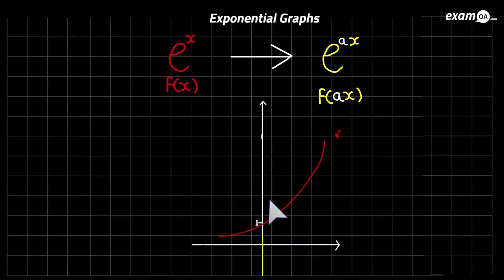Let's look at our last one, f(ax). Now this one stretches it in the x-axis. If a is more than 1, it squashes it up. If a is between 0 and 1, basically a fraction, it stretches it. This is an example of what might happen with this transformation. In this case, it's been squashed.